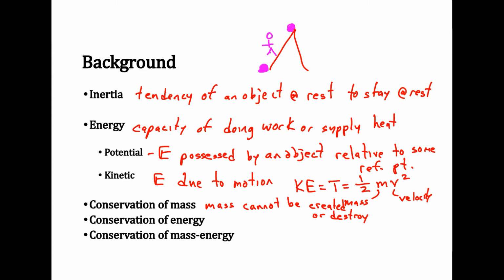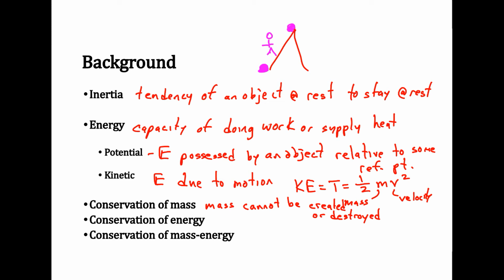Meaning that if you were to perform some sort of reaction and you start with 5 grams of reactants, and then you undergo a reaction, then you get products, and then you have some leftover reactants, the total mass will be 5 grams. Okay, so that's conservation of mass. Mass cannot be created or destroyed.